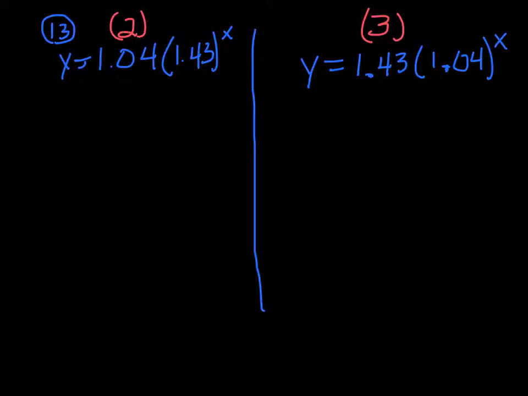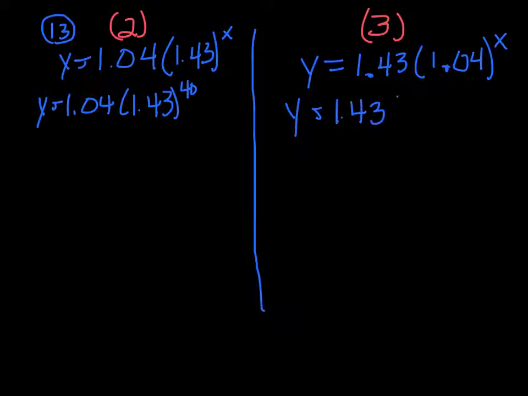So what I would do is take the equation and write y equals 1.04 times 1.43, and then raise that to the 40th power. Versus over here, I'm going to do the same exact thing: y equals 1.43 times 1.04 to the 40th power. And work both of these out and just see which one is about 5-ish.